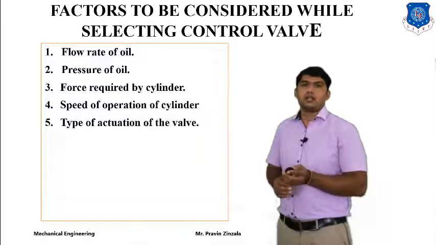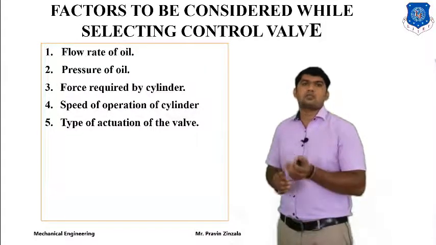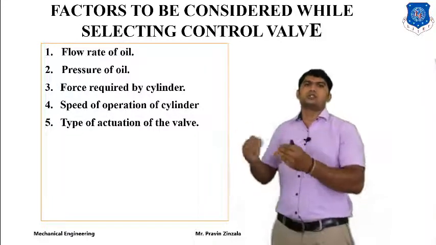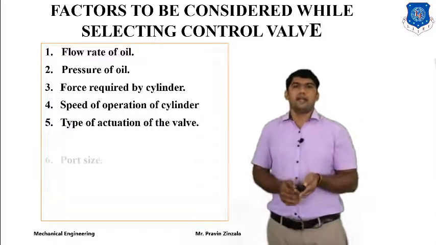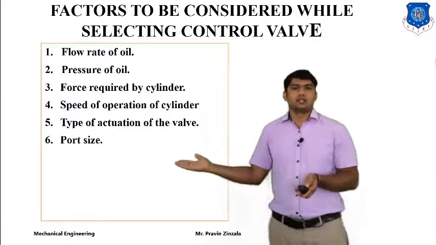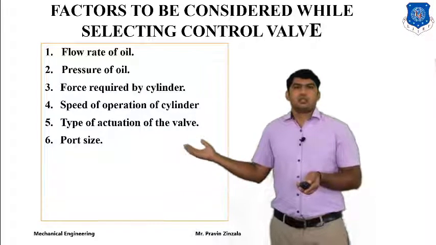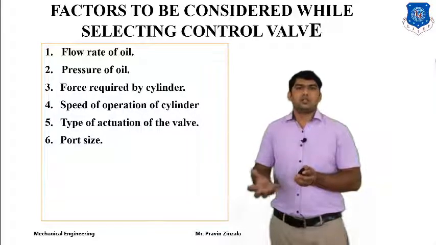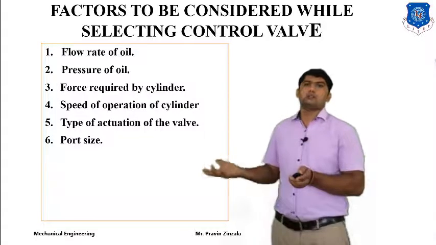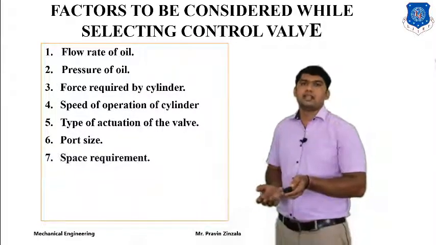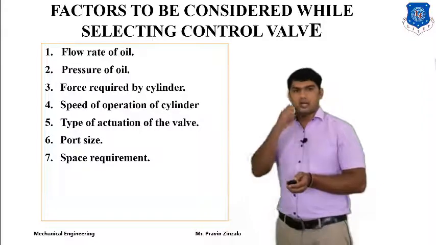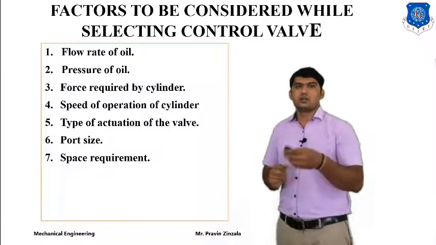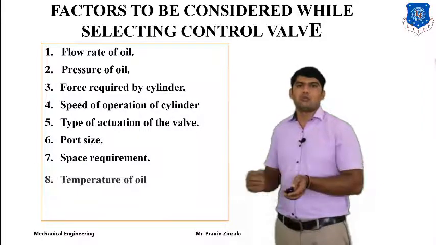Next is type of actuation of the valve. Which type of actuation is required, reciprocating or rotary actuation? Next is port size. What port size is available? What bulk operation is required? According to that we can select the port size. Next is space requirement. How much space is available for operation of different types of valve?